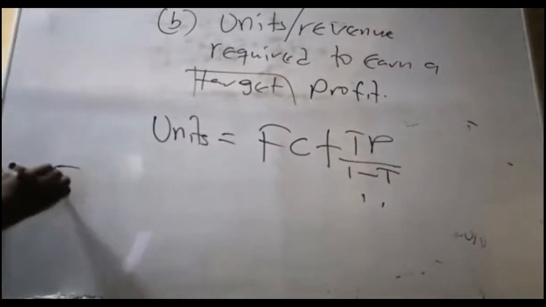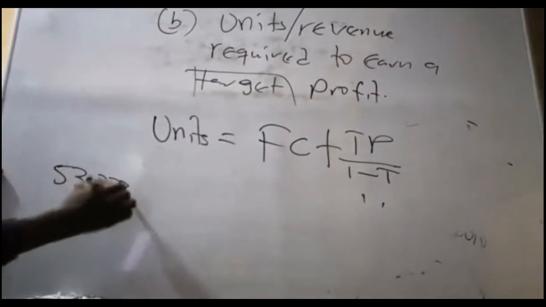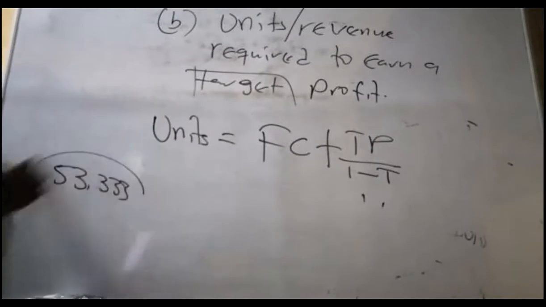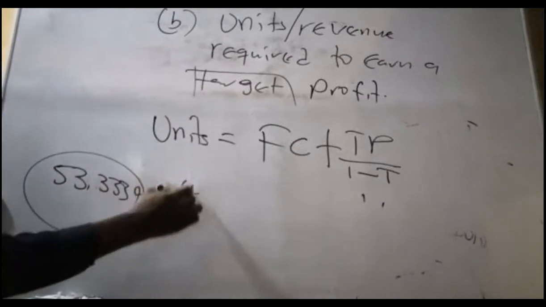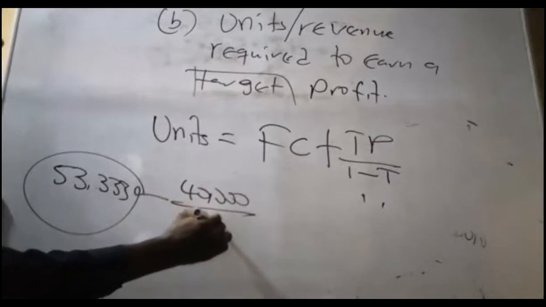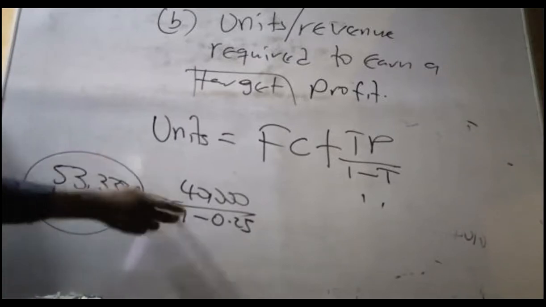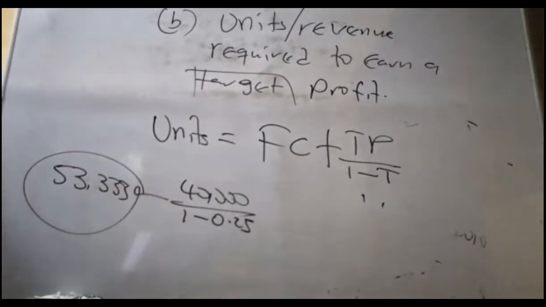So the 53,333 that we calculated, we can also get by saying the 40,000 divided by 1 minus 0.25, the tax rate, to also give us 53,333. That's a shortcut. So if you want to get a profit before tax, don't worry yourself. Just divide it by 1 minus the tax rate to give you the answer straightforward. That is all.